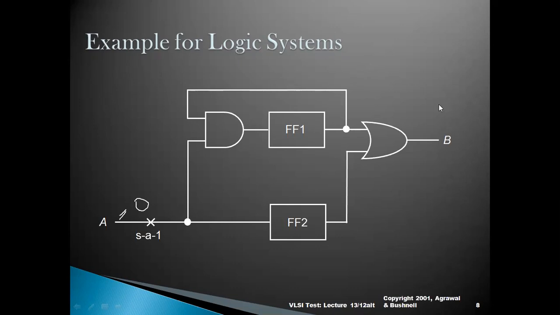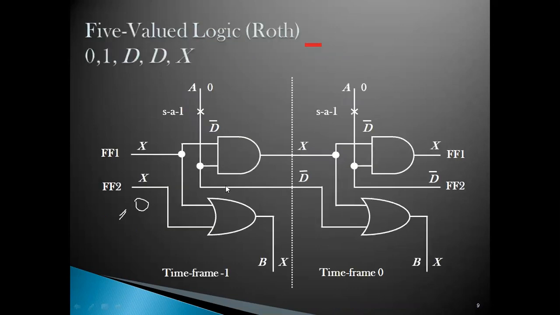Okay. So we now expand this same circuit into 2 time frames. Okay. So मैंने उसी सर्किट को ब्रेक कर लिया है. I've just changed the alignment a little. And see, this is my input which is coming to this flip-flop 2. Okay.